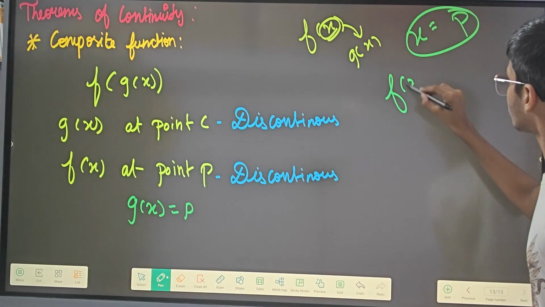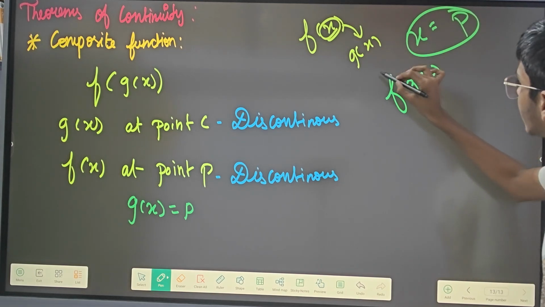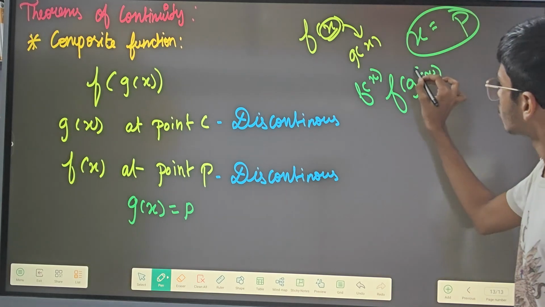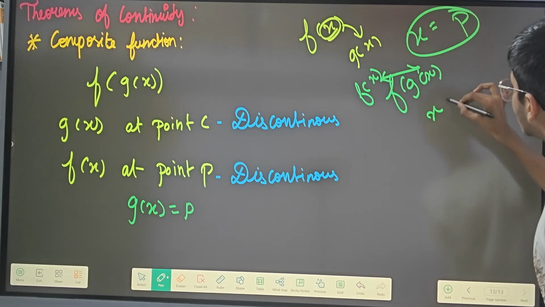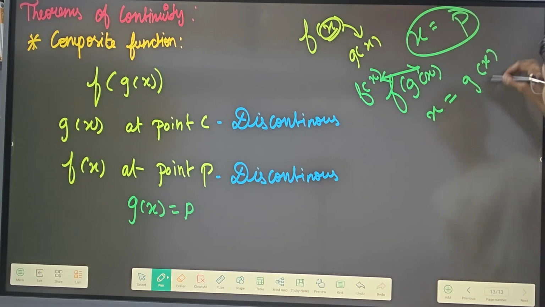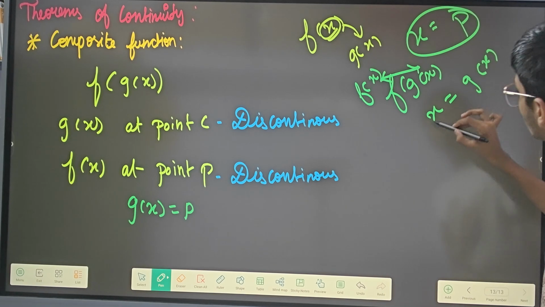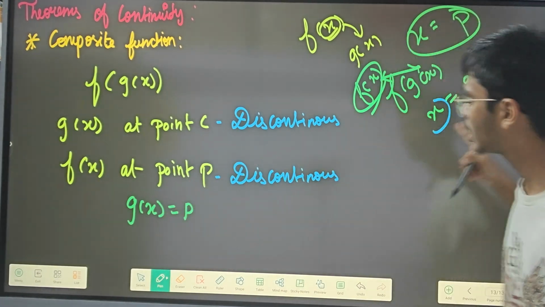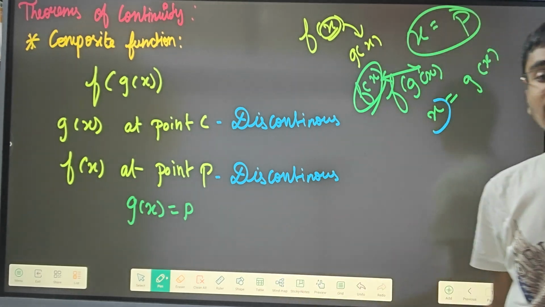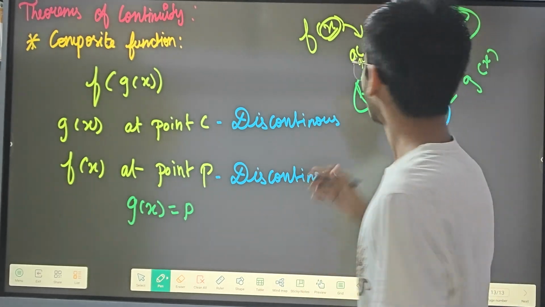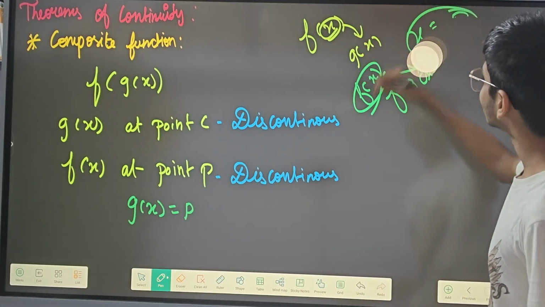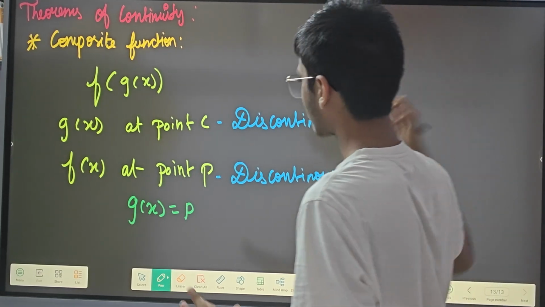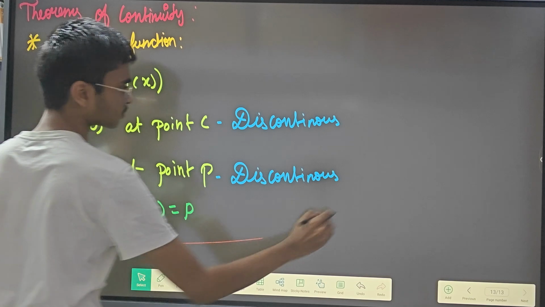In case of f of g of x, you have replaced x from f of x with g of x, so when you are equating this, you will be getting x is equal to g of x. So where this f of x is discontinuous, if you equate that point with g of x, then that will be your doubt point. I know only about 60 to 40% will be clear now, after one sum it will all be clear.